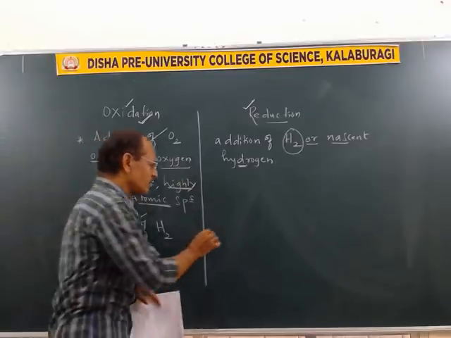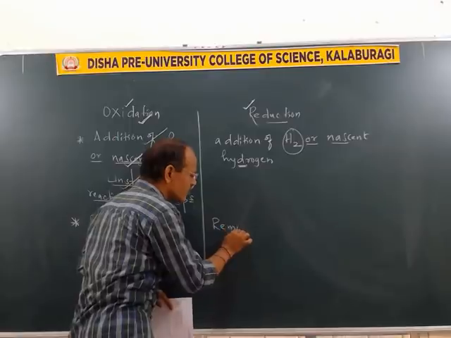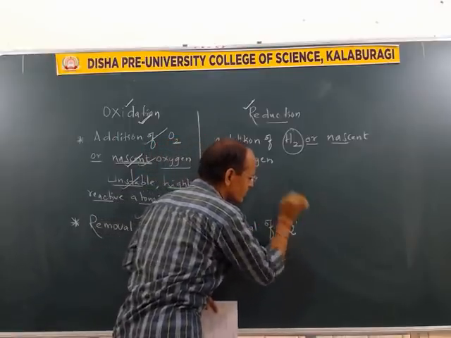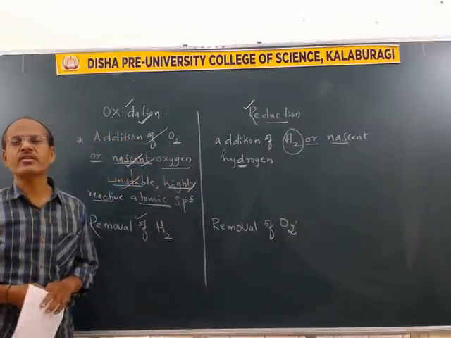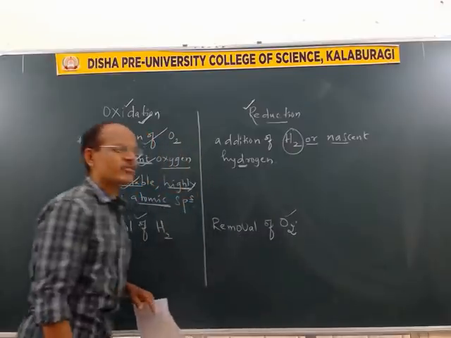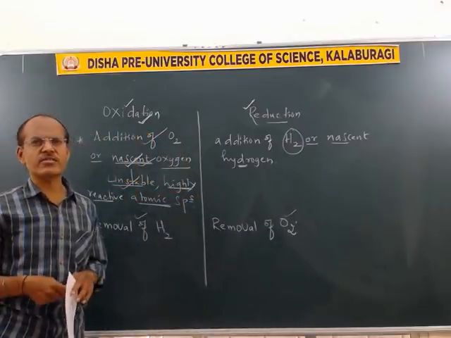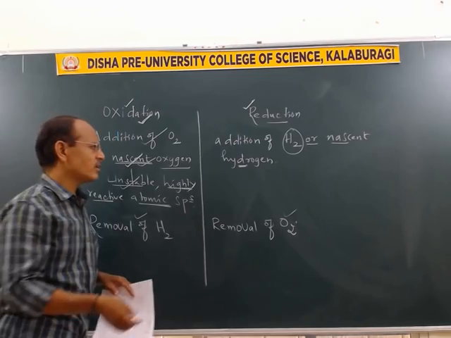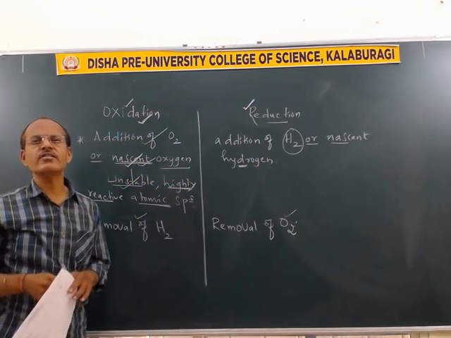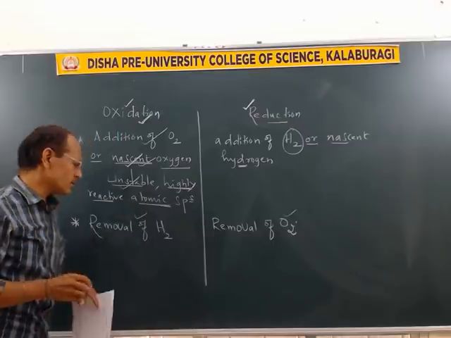Like that, removal of oxygen is a reduction. If we remove oxygen from the reactants by any means, then it is considered a reduction reaction. That is the second point.